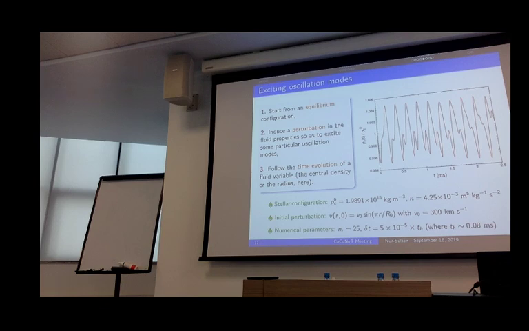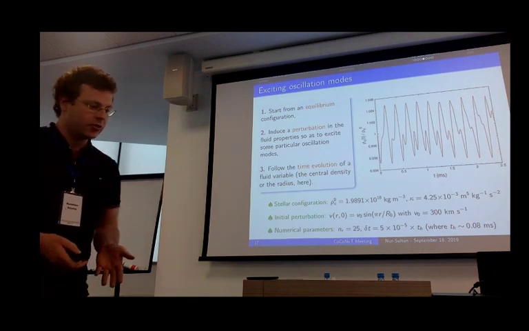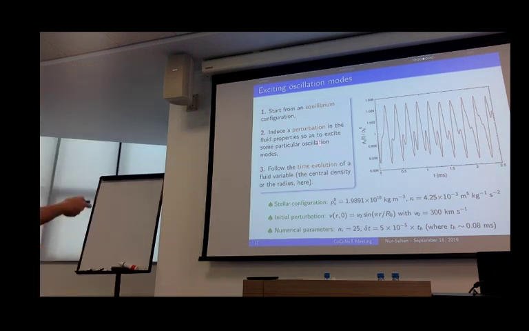Okay, so the oscillation modes are excited as follows. We start from an equilibrium configuration. Then we put the star slightly out of equilibrium by inducing some perturbation in one of the free variables, for instance by using a kind of initial perturbation in the velocity field.